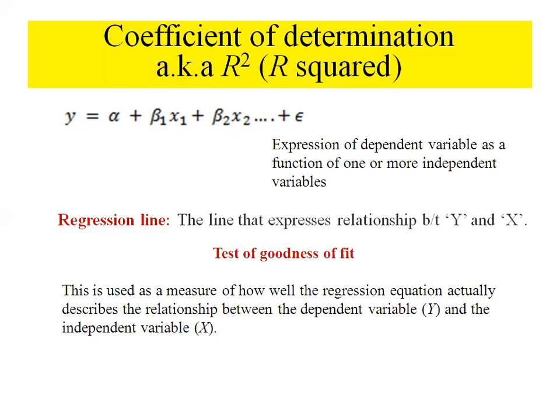So what is the average effect of x on y? On an average, we are saying. When I say on an average, then we have the regression line, right? The line that expresses the relationship between y and x. This relationship can be expressed only with the help of the regression equation. So we have y and then we have x. When we bring both variables into an equation, depending on the number of independent variables, we'll be getting a number of coefficients, right?